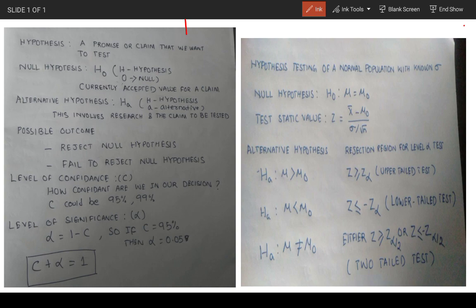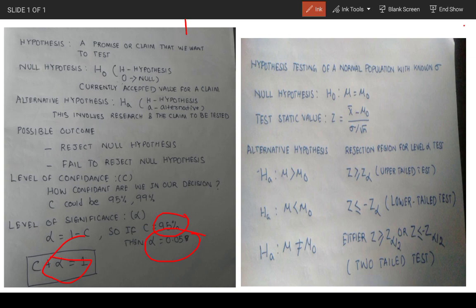We usually denote the level of confidence as C, whereas the level of significance is alpha. So C plus alpha will always be 1. We always calculate in percentages, so a confidence interval of 95% means the level of significance is 5% or 0.05.